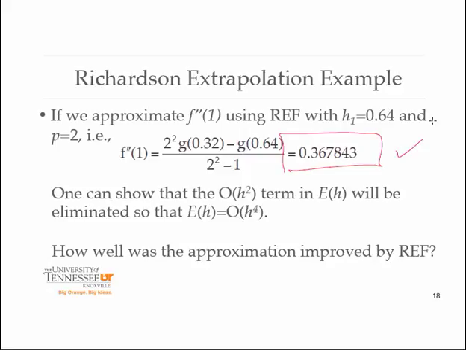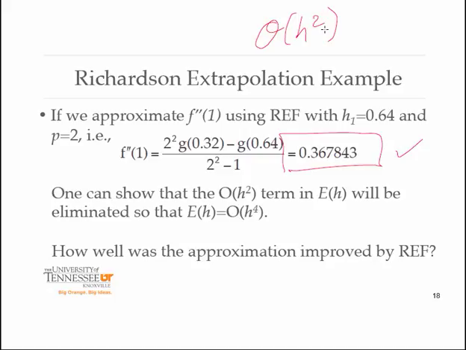You can show, though, because of the subtraction, when you're subtracting two different results using the same finite difference approximation, remember, both of them are order h squared accuracy, so the leading term involving h on each of those approximations is order h squared.